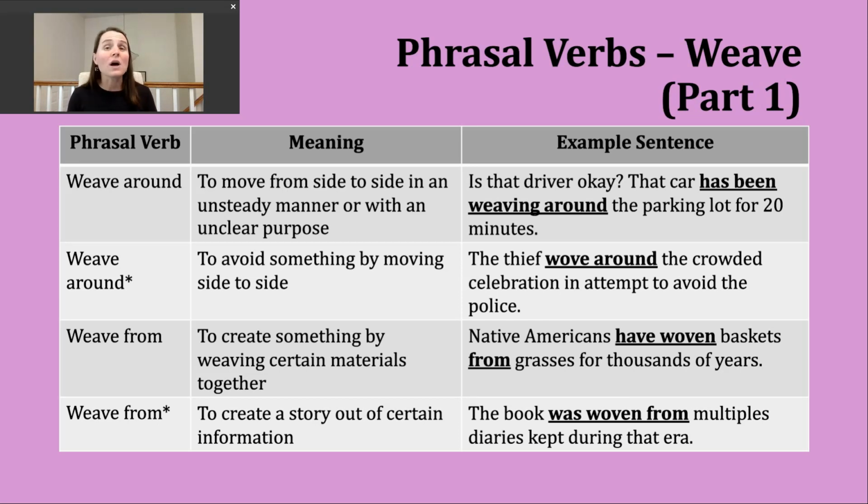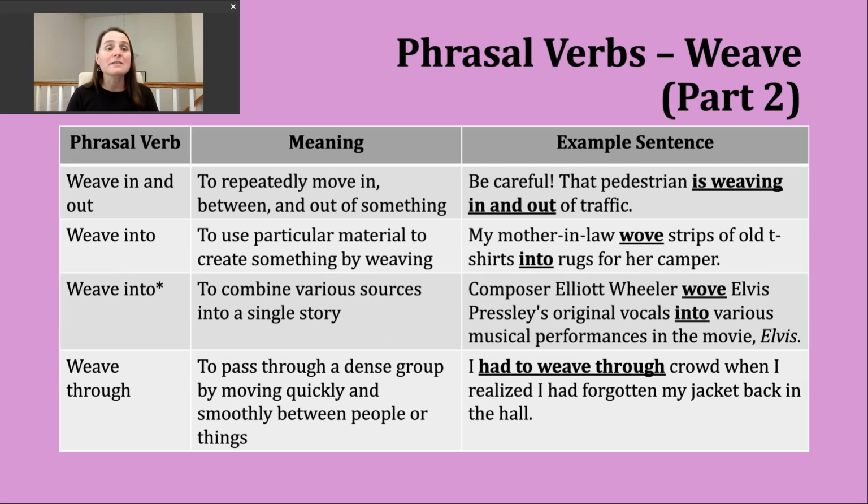So here, was woven from is an example of the passive voice in the simple past tense. So we don't know who or whom is responsible for our action here. But we know that diaries were the source of the information that's provided in this particular book.